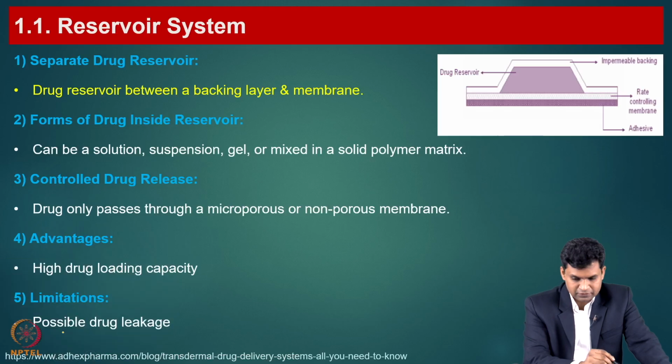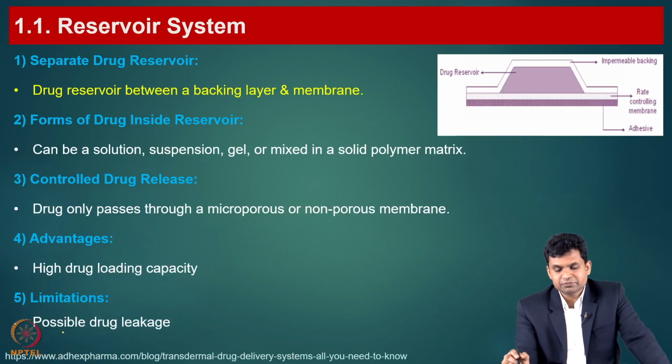of the reservoir system. As we discussed in the last classes the various components of transdermal patches, you can see the topmost is the impermeable backing layer, the second is the drug reservoir, the third is the rate controlling membrane, and the fourth is the adhesive.